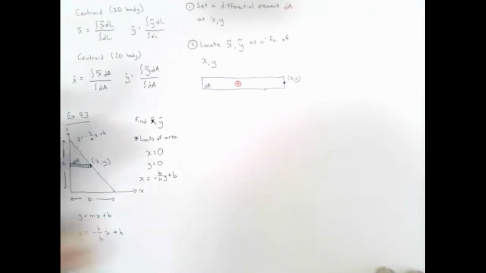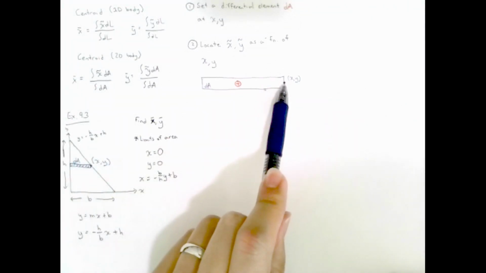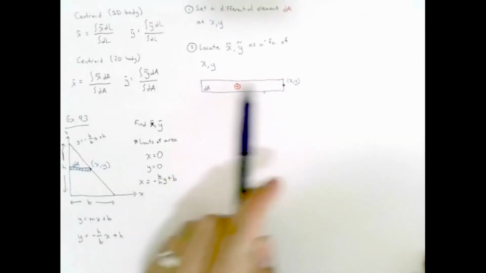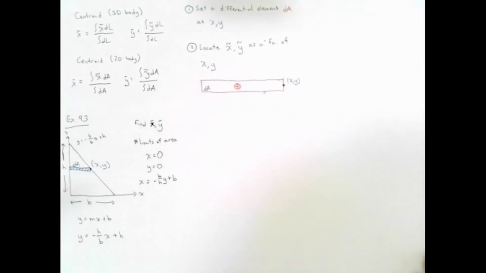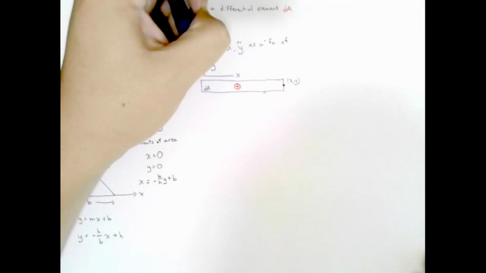So now here's my question. If we know that this coordinate point is x, in other words, we know that from the y-axis to this point, we have a distance of x, which means that my element has a length of x.